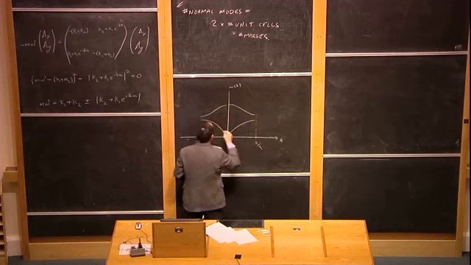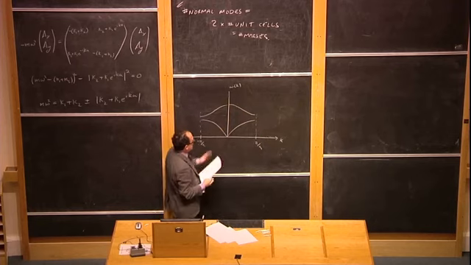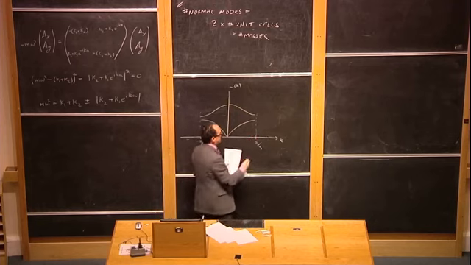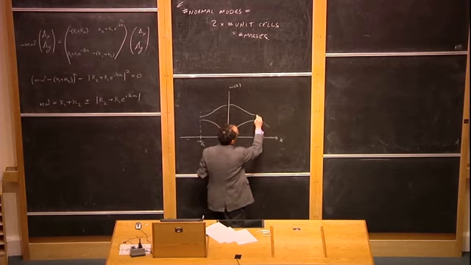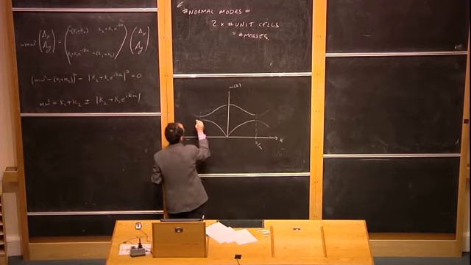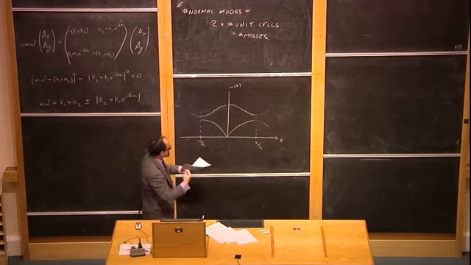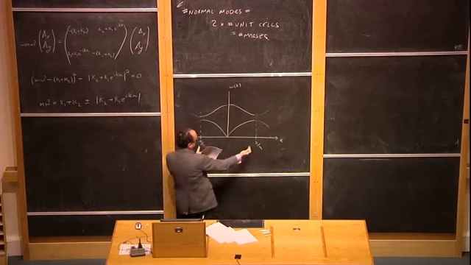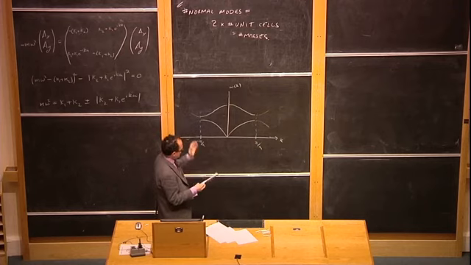And you could reproduce this periodically outside, because as you shift everything by 2 pi over a, you just get back the same wave. But we're going to focus on the Brillouin zone, because within it, every wave you find is different from every other wave.